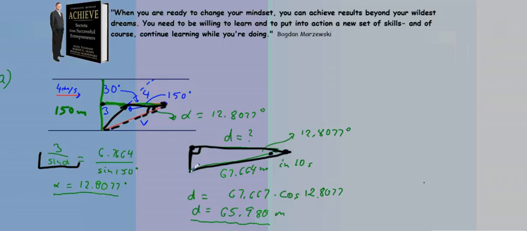So after 10 seconds, the distance that leads her to the right is equivalent to 67.664 meters. Now using the cosine ratio for the right angle triangle, we can find the value of d. And there you go, this is the answer to part A.